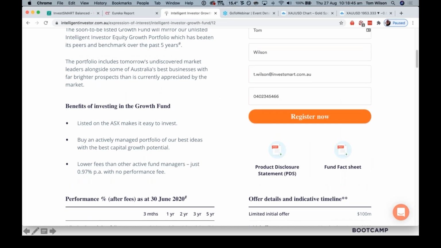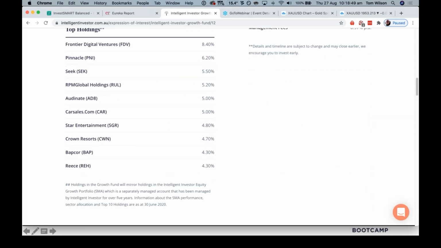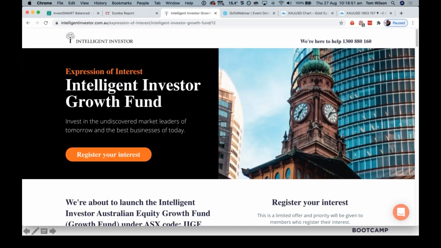So you can register now. Definitely read all the information here in terms of its performance and what it's holding. There's going to be a lot of webinars that we're doing behind the scenes. In fact, you've probably seen that I'm doing a webinar tomorrow with Evan Lucas, and it's going to complement this module, which is strategies. We're going to look at other strategies, in particular around retirement.